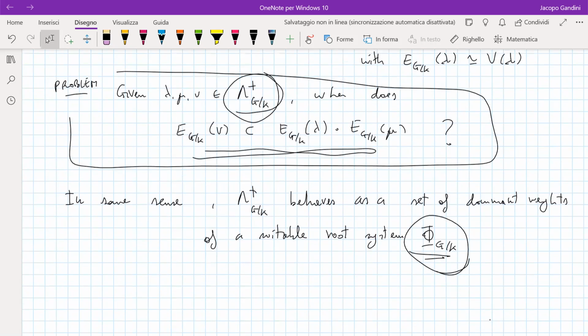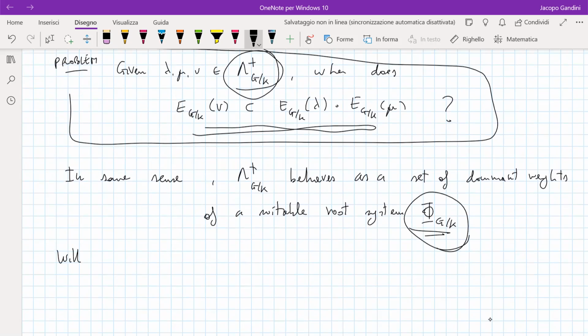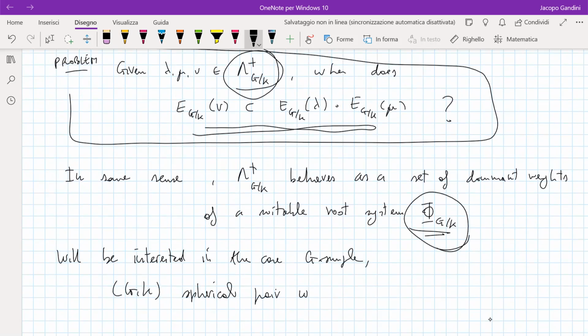So we will be interested in the case where G is simple and GK is a spherical pair, with this root system that I'm going to define in a while of type A. So this partially explains the title.